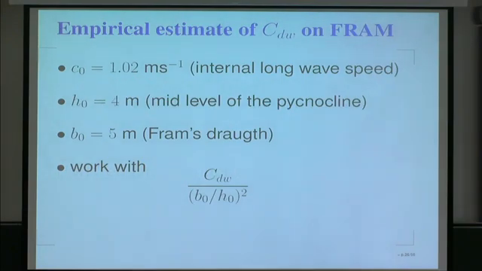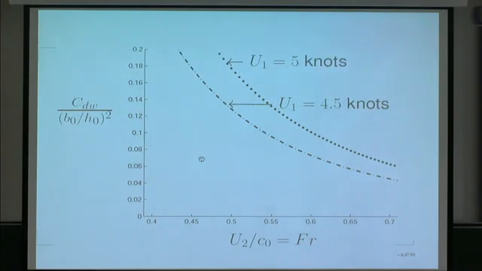So now I work with the dead water resistance divided by the draft of Fram over the mid-level of the pycnocline. That is an interesting quantity. And then we can plot this as a function of the speed in the dead water as a function of the Froude number.